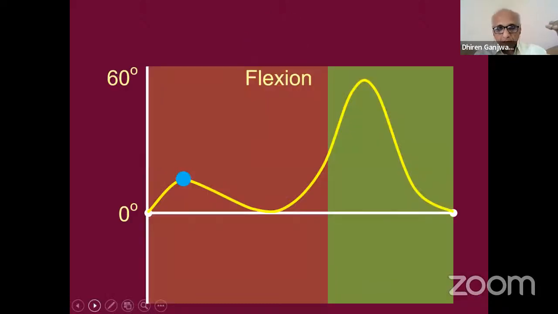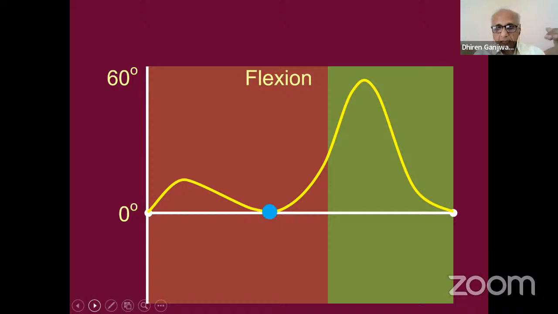Now, the most important thing we need to understand when we are dealing with a child with cerebral palsy is the extension which takes place during the stance phase, or in the mid stance phase. Most of the gait abnormality, particularly the crouch, is because of problems taking place during this part of the gait cycle.